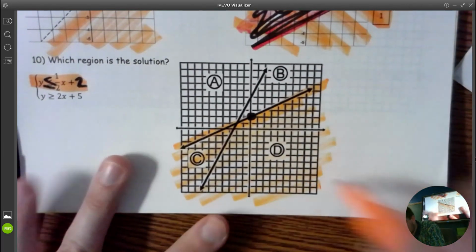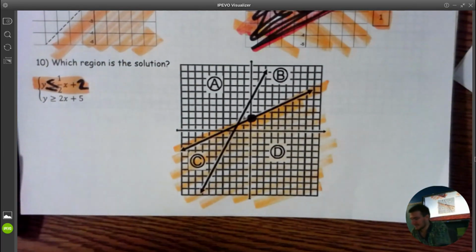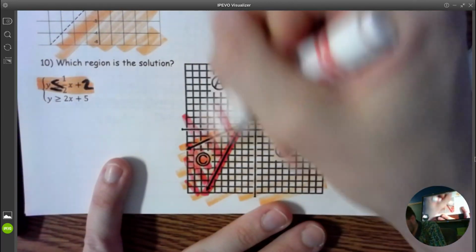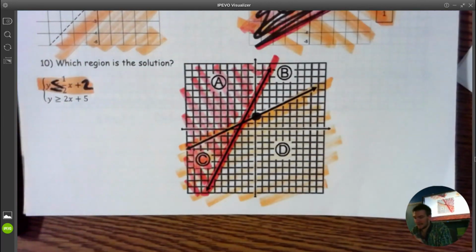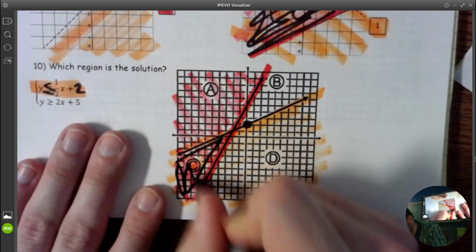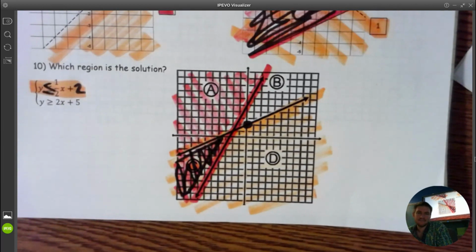So far, C does look promising. Section D is a possibility. That means that this one must be red. It is a greater than. We need to color this side. And everybody that said C, nice job. You are exactly right. C is the perfect answer.